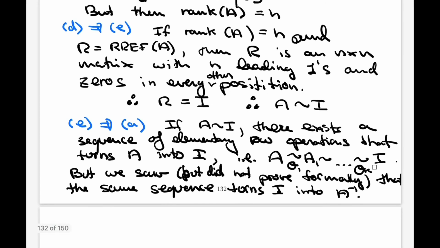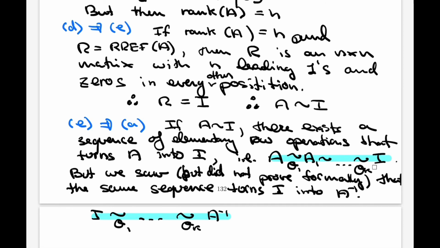I'll just borrow a little space on the following page here. That means I, with the same operations, will simply turn into A inverse. So that same sequence of operations that turns A into I will turn I into A inverse.